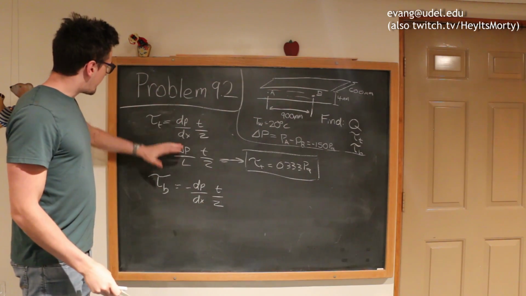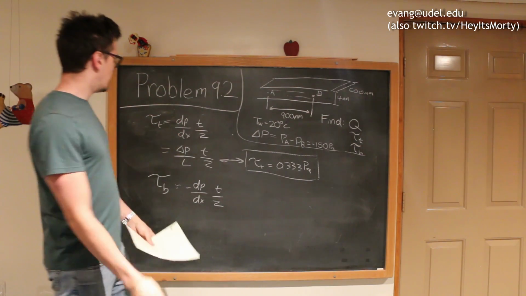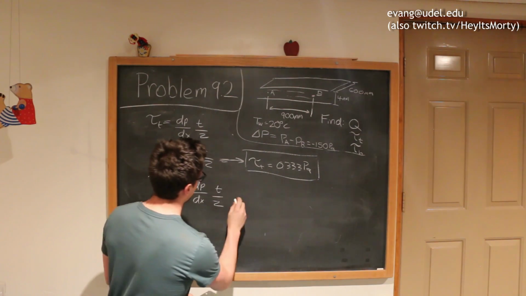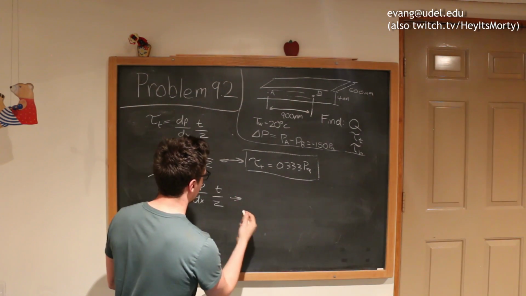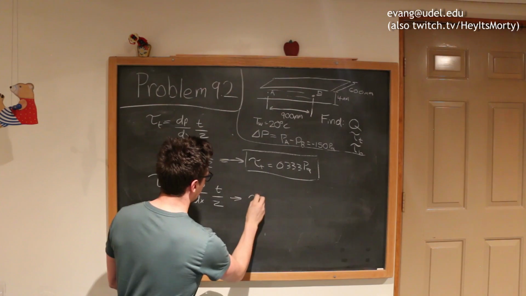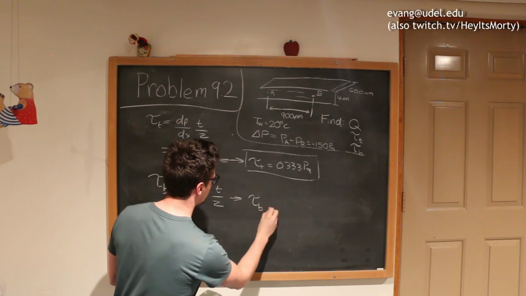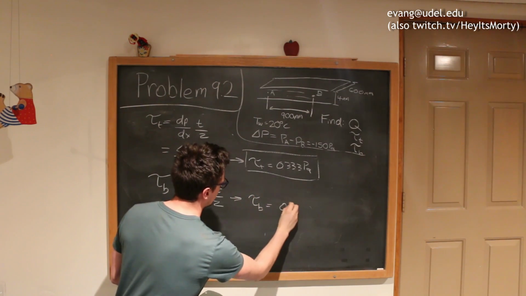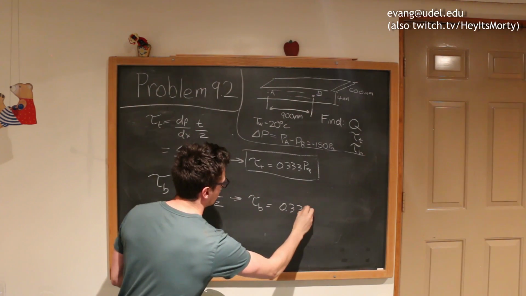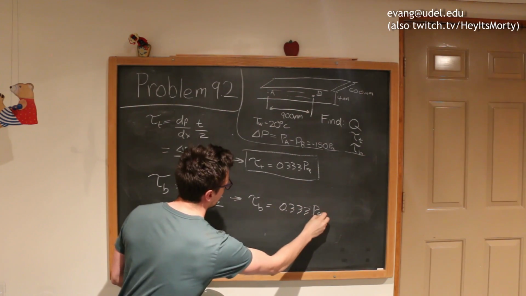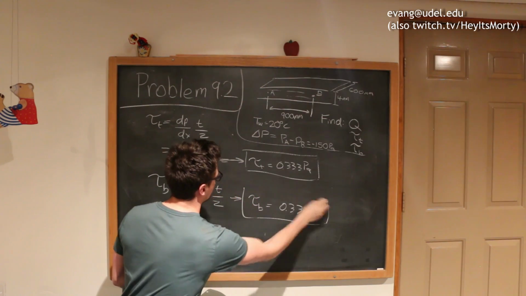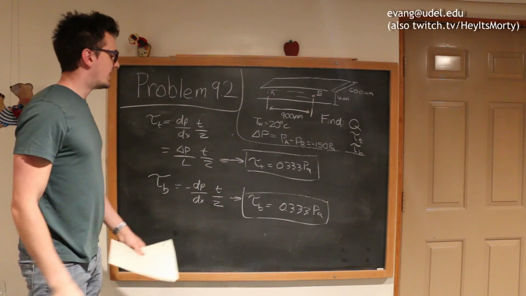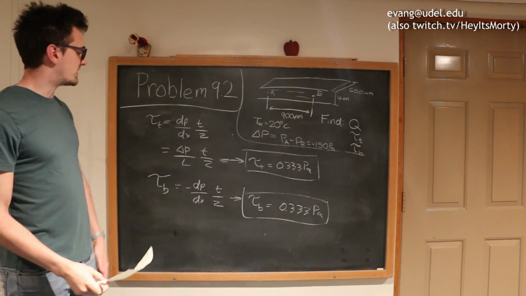We already solved for tau sub t, and since we're just finding the magnitude, tau sub b is 0.333 pascals. Just keep in mind that negative sign out front.